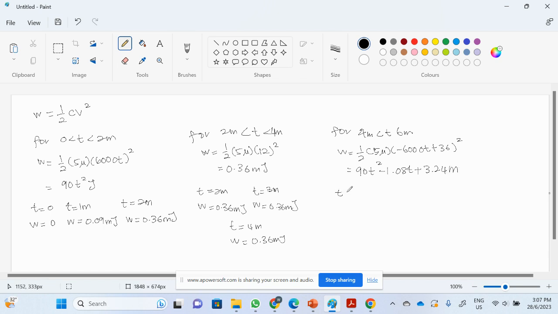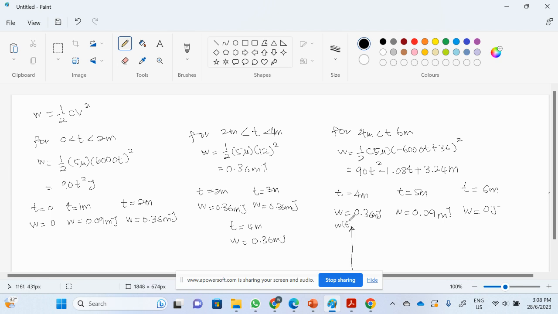Okay, substitute. For T 4 milli, you will get W 0.36 millijoule. For T 5 milli, you get W 0.09 millijoule. And then for T 6 milli, you get 0 joule.